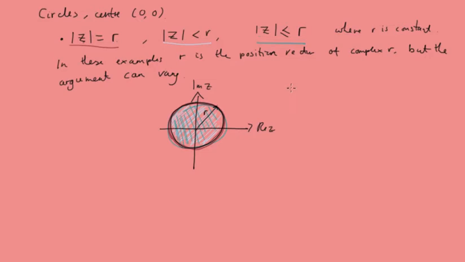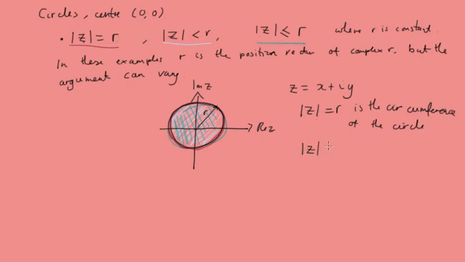So what this tells us is that for z equals x plus iy, the modulus of z equal to r is the circumference of the circle centred at the origin.